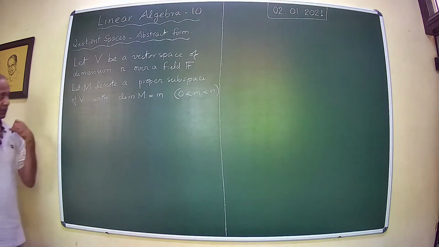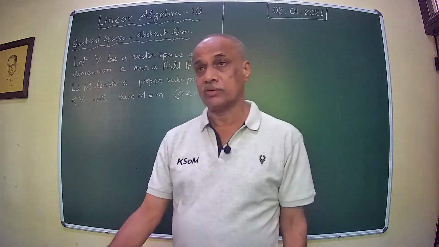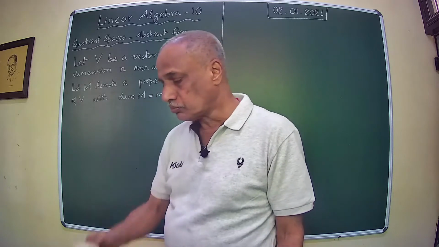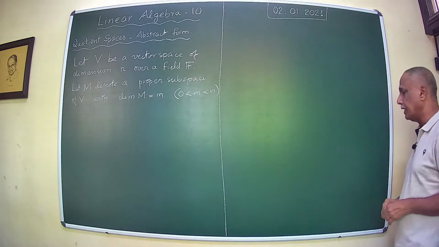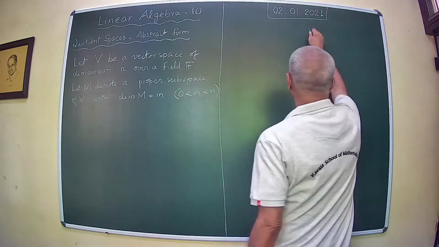Now we start the construction as we did in the case of R2 and R3. Let me put on this side a picture of R2 to keep track of things.